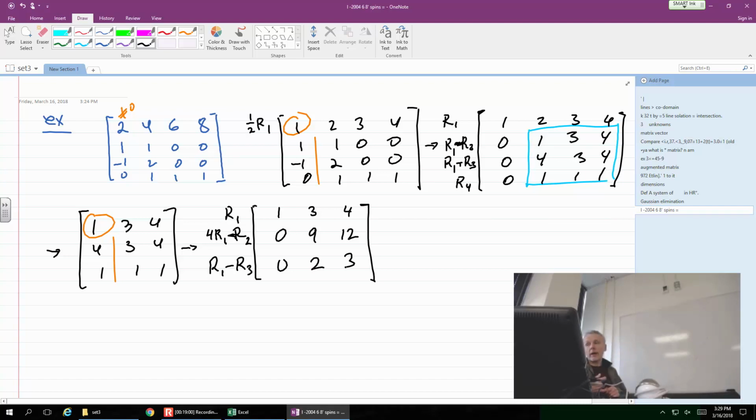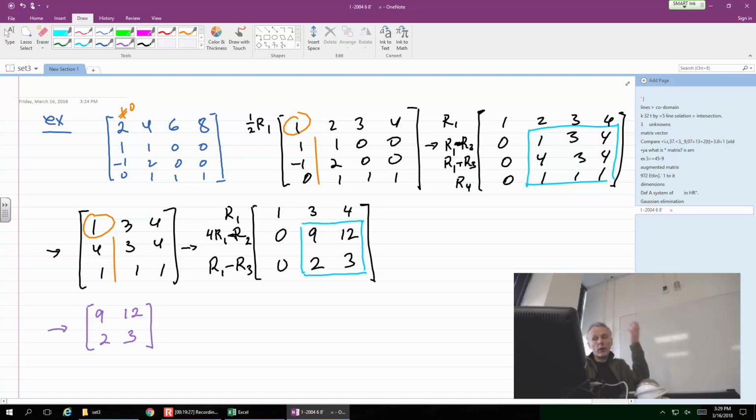So that is my new matrix. I have another 0 column, and so I'm expanding my staircase. This is my new matrix. It is small. Okay, so let me just take a record of it. So I have 9, 12, 2, 3.